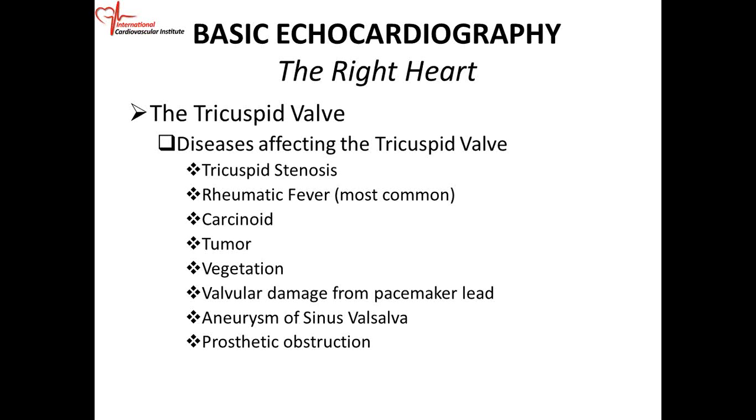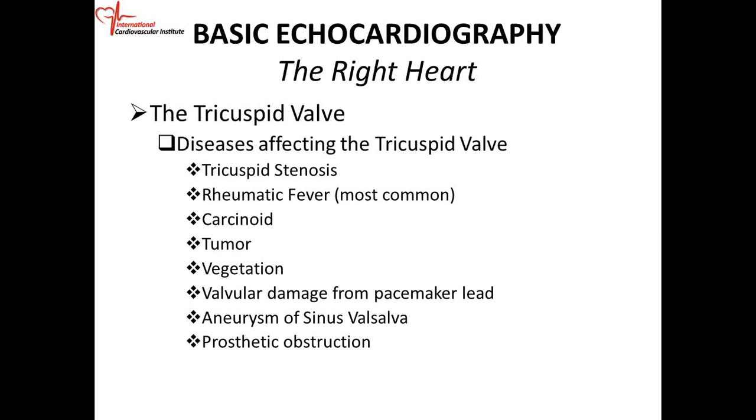So the right side, especially the valves, become sort of waxed. So you'll get tricuspid stenosis and regurgitation. You can also get pulmonic stenosis and regurgitation, mainly the right side. So that's what carcinoid syndrome is, usually a tumor that produces these chemicals.